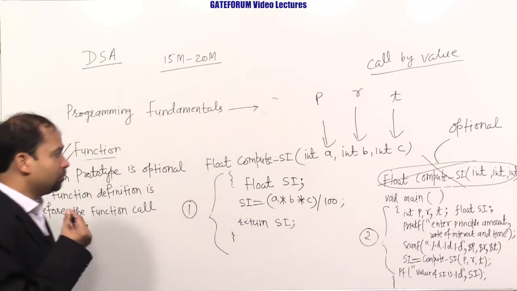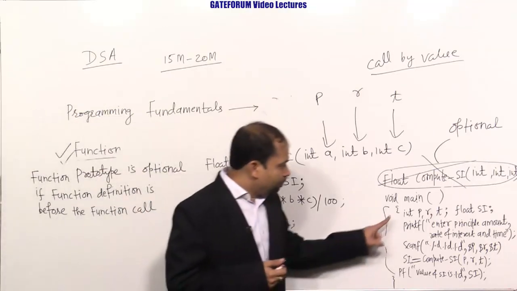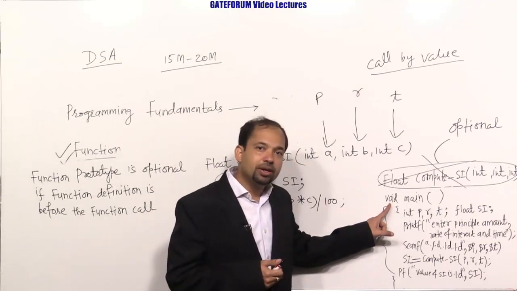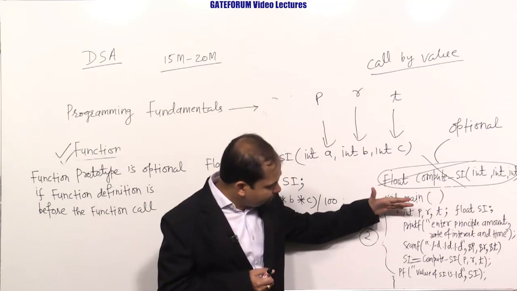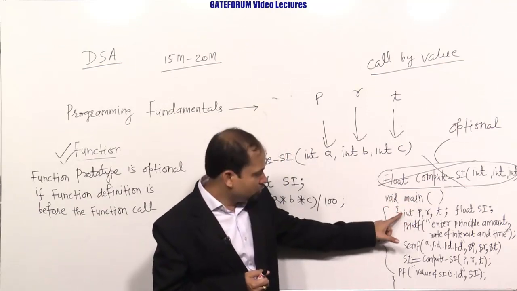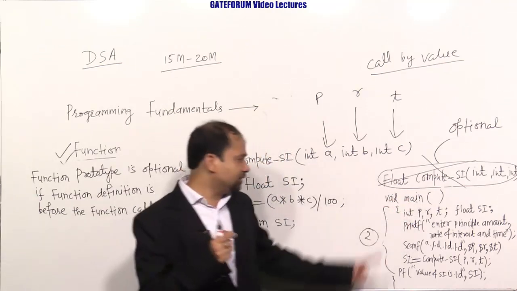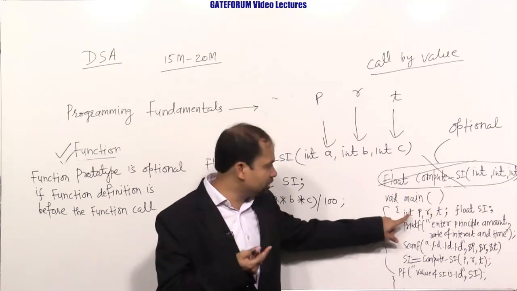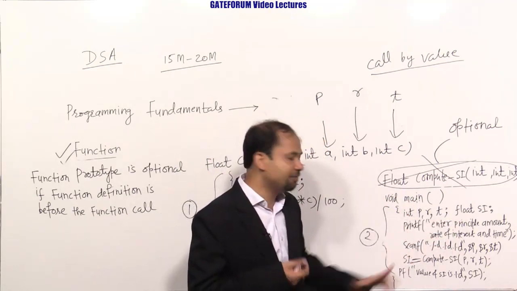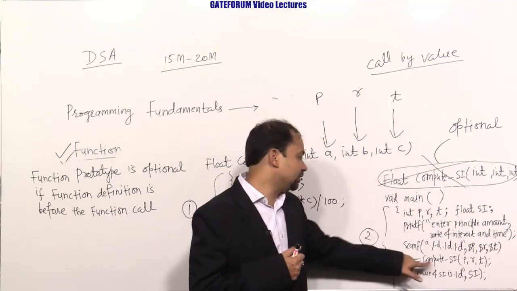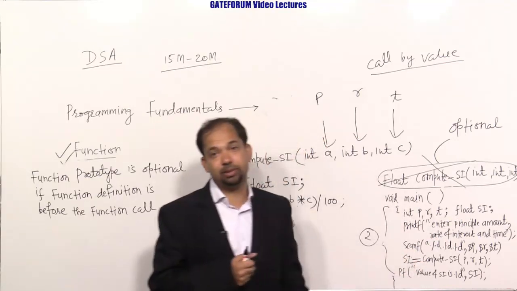Again, one more thing: program execution always starts from main, and program statements are executed sequentially. So this will be the first statement, this is the second statement, printf is the third statement, scanf is the fourth statement, this function call is the fifth, and this is the sixth statement.